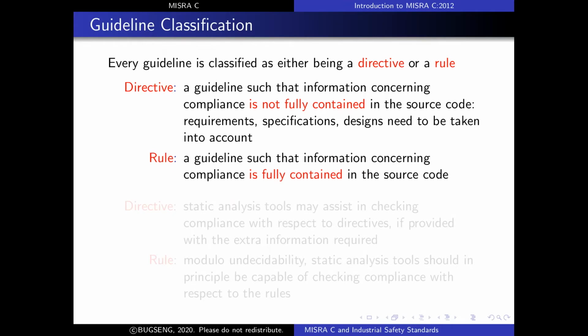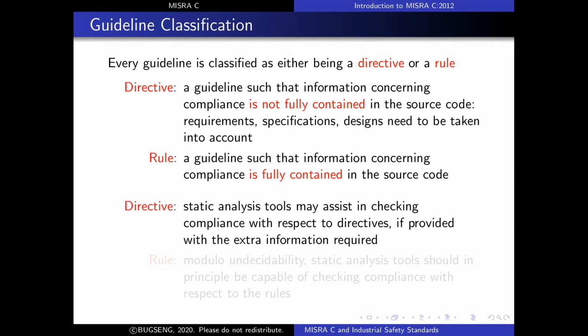Whereas when a guideline is called a rule, then it means that compliance only depends on the source code. So in principle, if you know the source code, you are able to decide whether there is a violation or not.